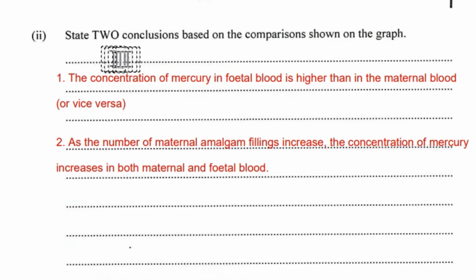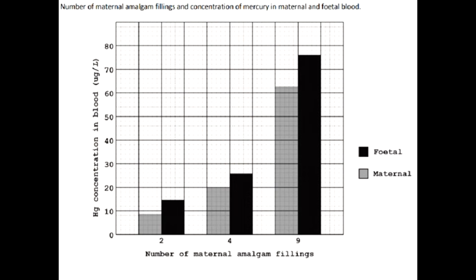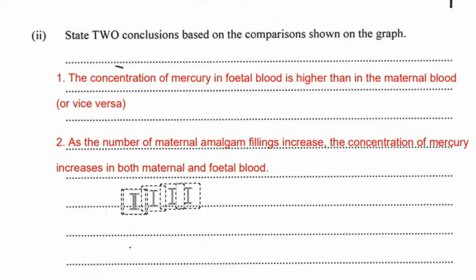So part 2, state two conclusions based on the comparisons shown on the graph, basically what we just mentioned. One, the concentration of mercury in fetal blood is higher than in maternal blood, or vice versa, maternal blood is lower than fetal blood. And two, as the number of maternal amalgam fillings increases, the concentration of mercury increases in both maternal and fetal blood. These two points give you two marks.